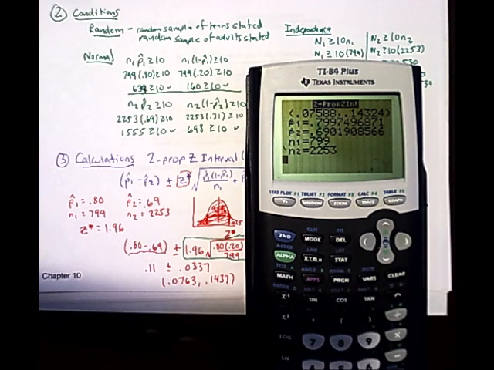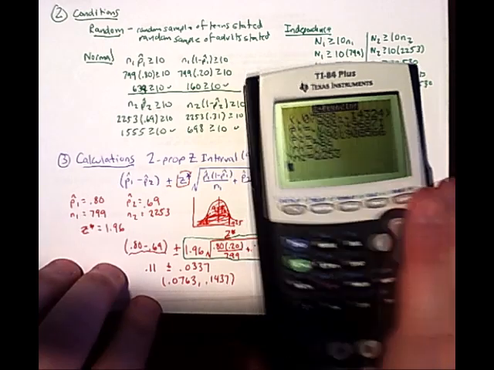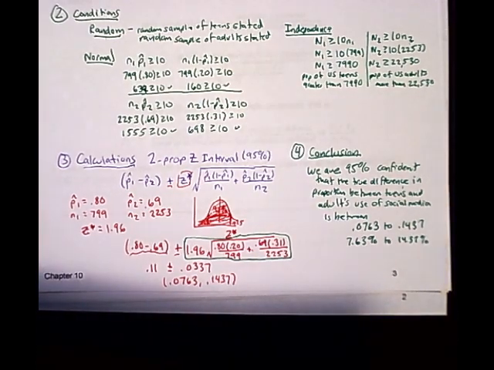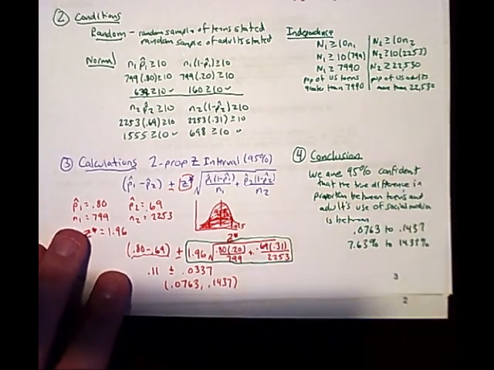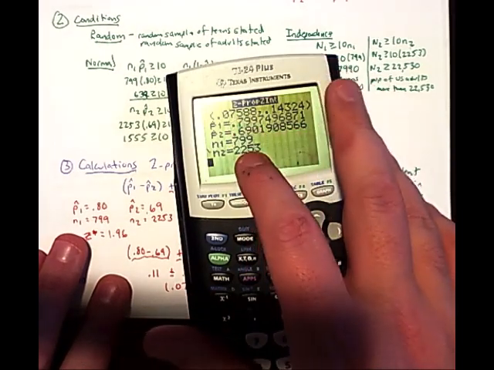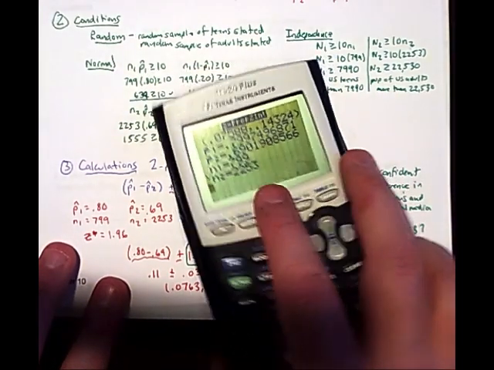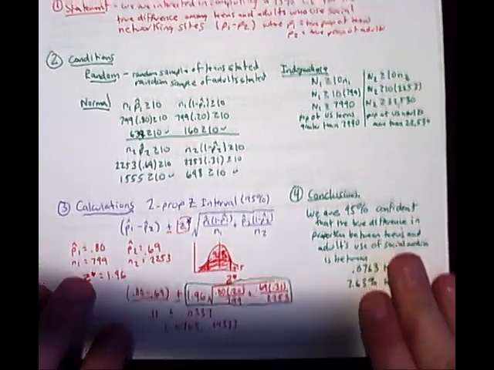All right, so the answer varies slightly, okay, but not much. It's really not much, about 5/10 thousandths. All right. So the calculator for the most part matches. The calculator wants everything in counts, not p-hats, which is kind of, you have to know what you're doing to check it.